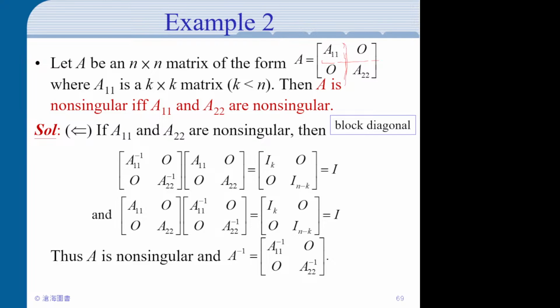If your A has this form where the off-diagonal blocks are 0, then this is called block diagonal.